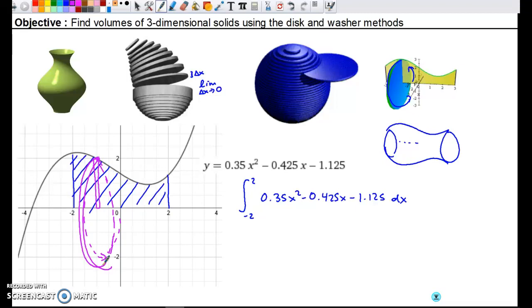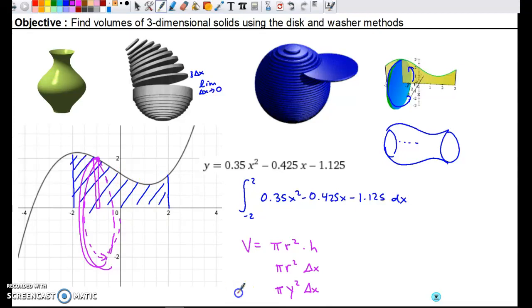Well, obviously, the volume of a cylinder, I keep making that mistake, the volume of a cylinder is the area of the base, which in this case is a circle, pi r squared, times the height. The height in this case is the delta x. That's how wide the cylinder is. And the radius, of course, is going to be the y values. Whatever the y value on this curve is, that's going to be the radius.